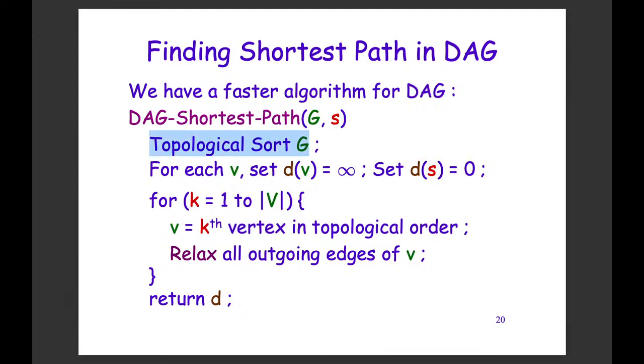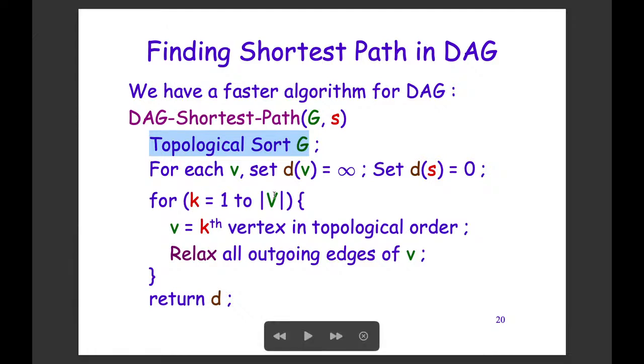The topological sort can be done either using DFS, or we can use a queue to help us repeatedly remove the vertex that has no incoming edges. So there are two common ways to perform a topological sort of the vertices in a DAG, and they both run in linear time only.